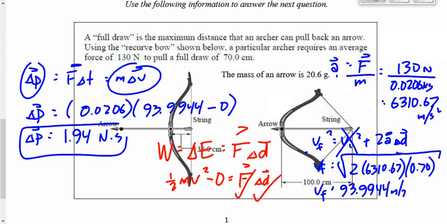I know what D is. I know what M is. I solve for VF there. And when I solve for VF there, I got 93.9944 meters per second. And then I subbed it into M times delta V like you did. Good? What physics principle did I use?